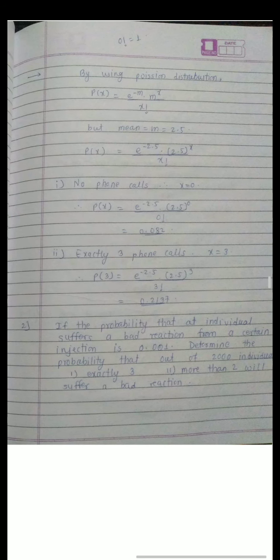Now the second question is exactly 3 phone calls, so we have to calculate the probability at x equal to 3, so p of 3 is equal to e raised to minus 2.5 into 2.5 raised to 3 divided by 3 factorial. After that we get 0.2137. This is the answer.